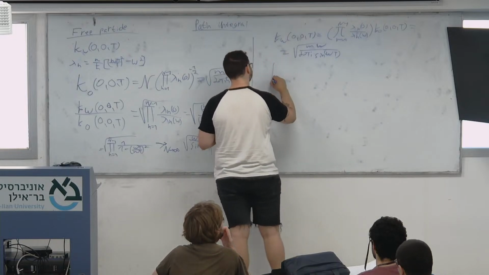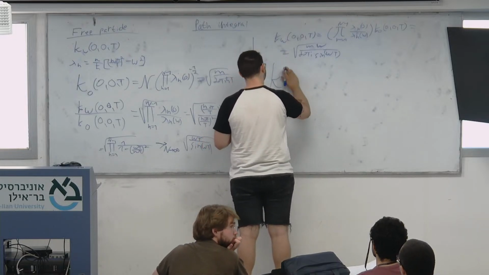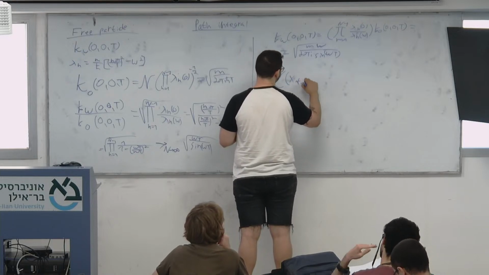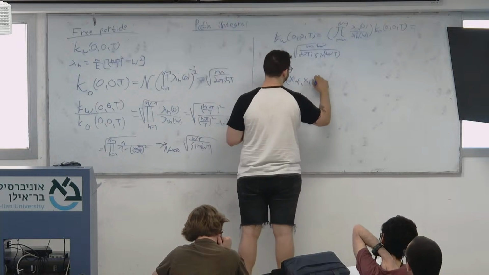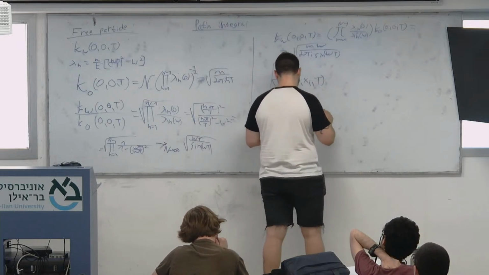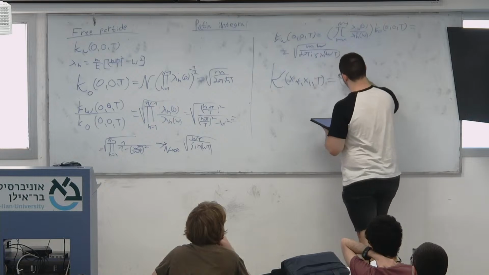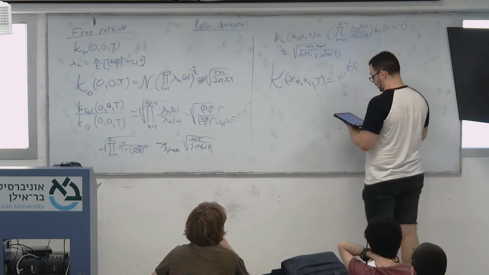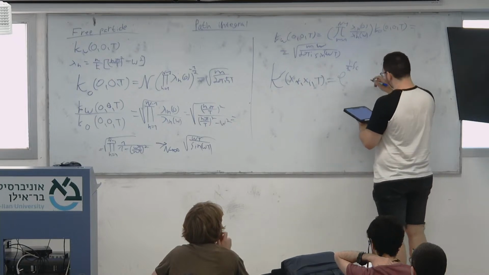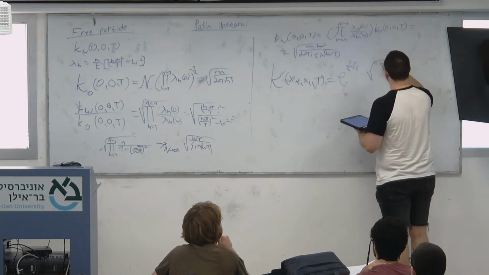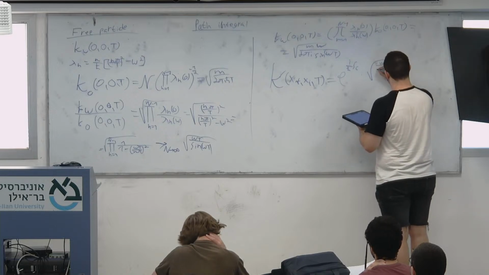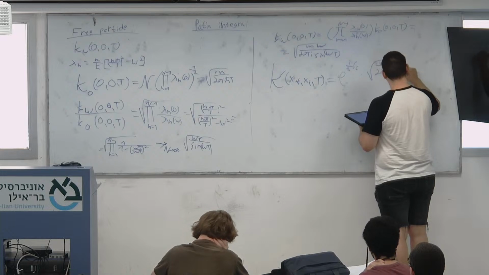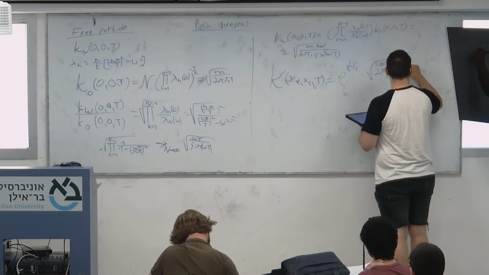And overall, k divided by h bar s classic times square root of omega divided by 2 pi I h bar sinus t.